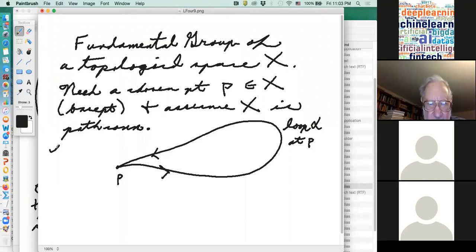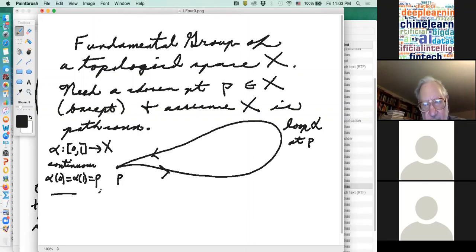The loop alpha is a mapping of the interval 0, 1 into X, continuous, and alpha of 0 is equal to alpha of 1 is equal to P.